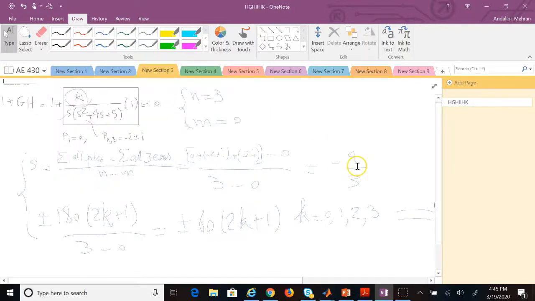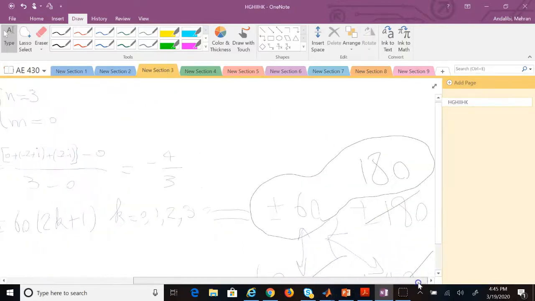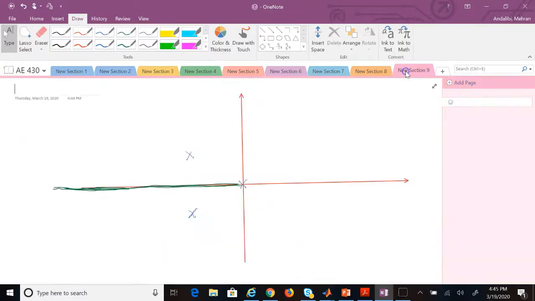The angles were positive and negative 60 and 180. So if I draw them, this is negative 4 over 3. So these are my asymptotes, the guys in red. And these angles are positive and negative 60.